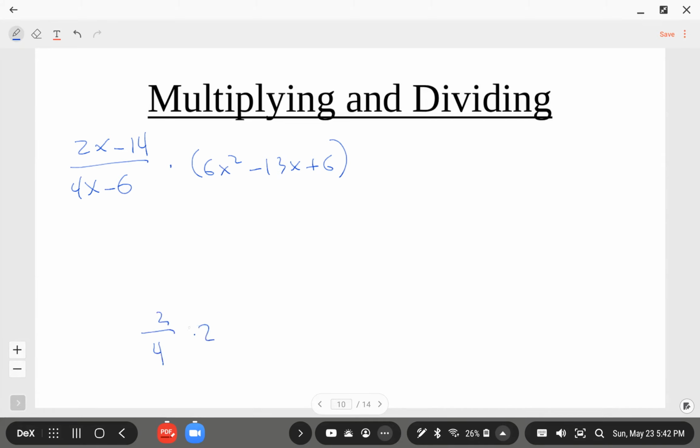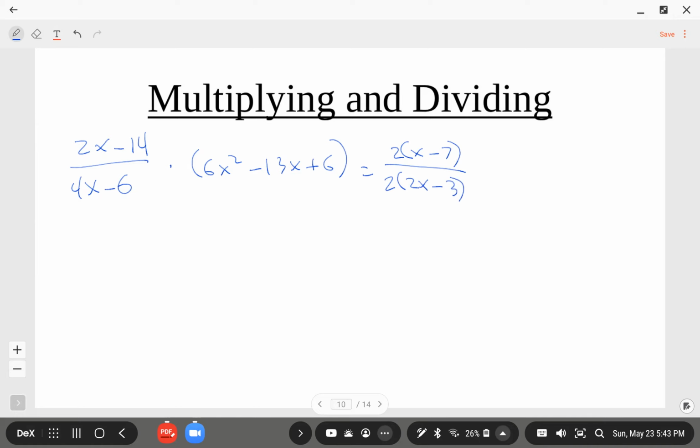We multiply the top, so let's simplify this first. 2 times x minus 7 over 2 times 2x minus 3. Are we all clear with that?